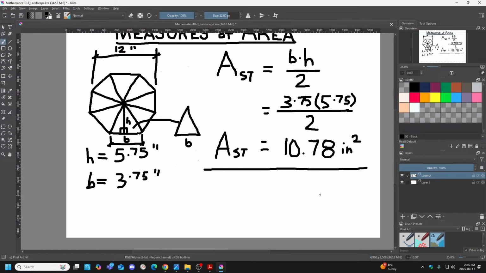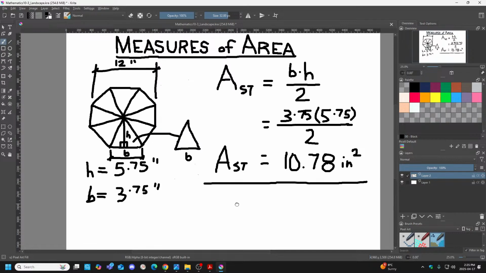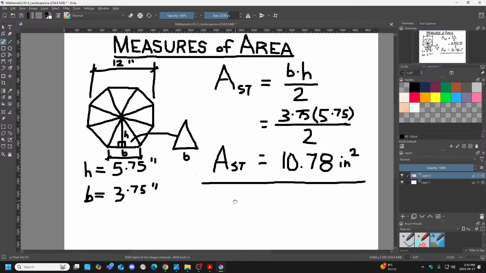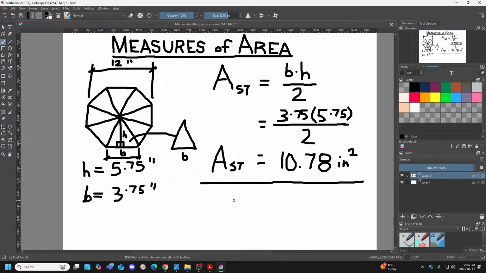All right, so the second part of the question is, what is the area of the stop sign? Now you have to think about this logically. What's the question asking you? It's just a matter of using the old brain molecules. The question is, what is the area of the stop sign?